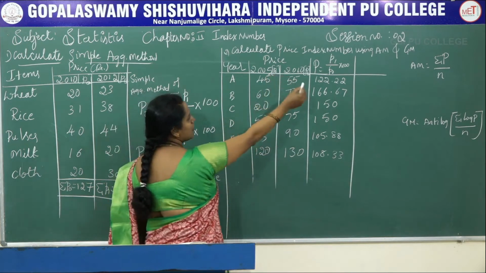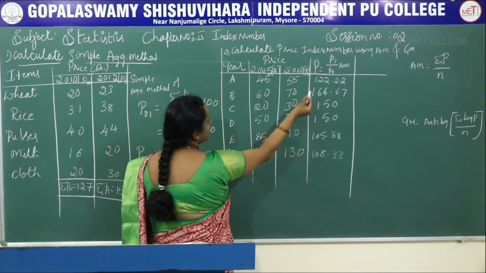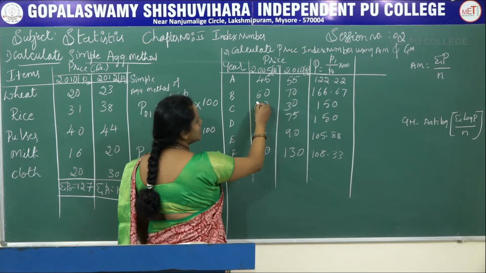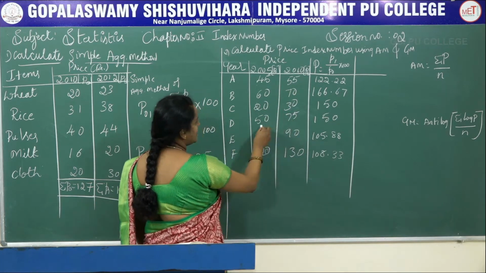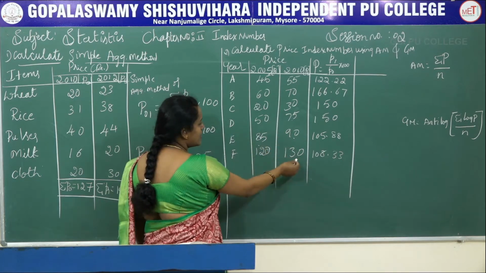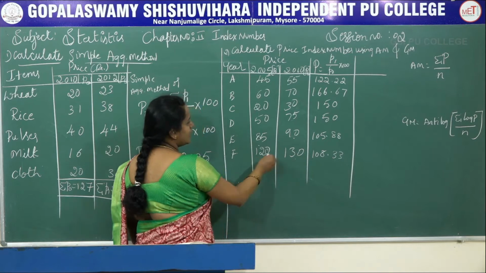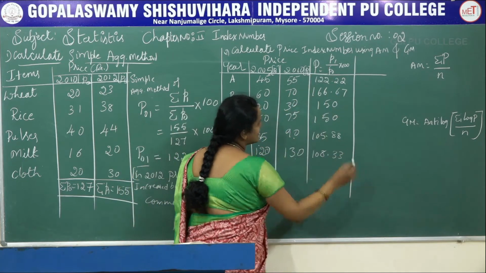That is, the ratios mean 55 divided by 45 into 100, 70 divided by 60 into 100, 30 divided by 20 into 100, 75 divided by 50 into 100, 90 divided by 85 into 100, 130 divided by 120 into 100, so that you will get the value of capital P, or the price relative.